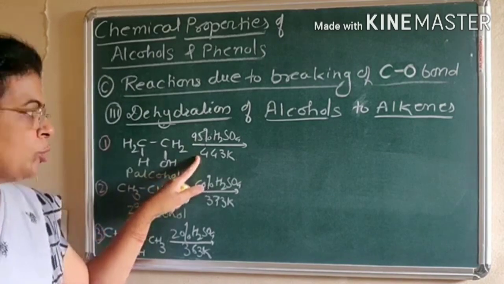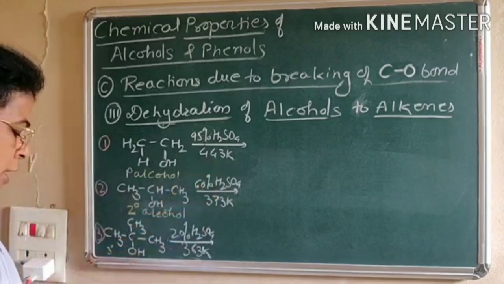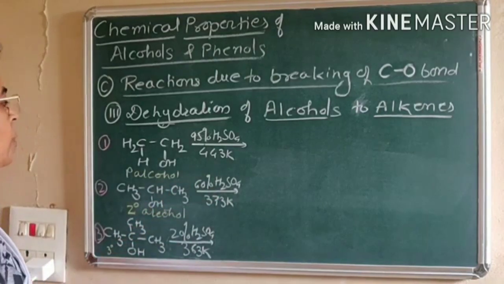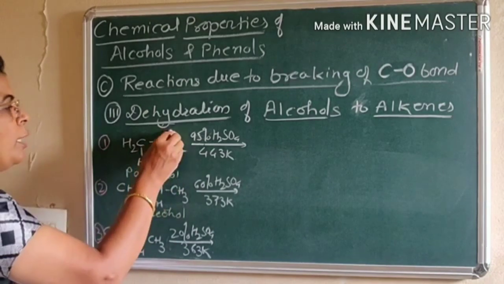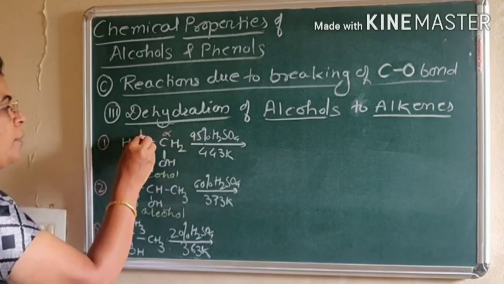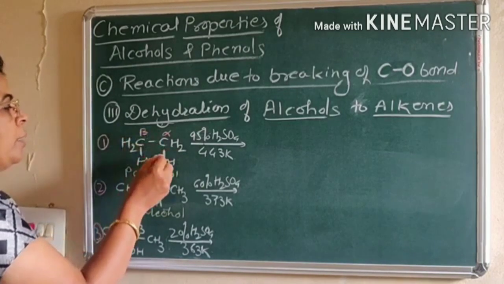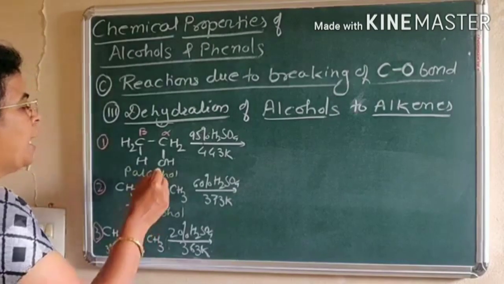95% concentrated H2SO4 and at 443 Kelvin temperature, then here alpha beta elimination is carried out. Now here the carbon atom which is bonded to the functional group is called alpha carbon atom, and the carbon atom next to alpha carbon atom is known as beta carbon atom. Now here alpha beta elimination or 1,2 elimination takes place like this.